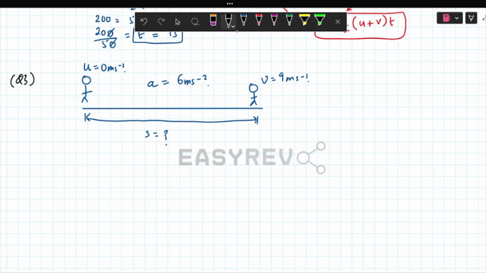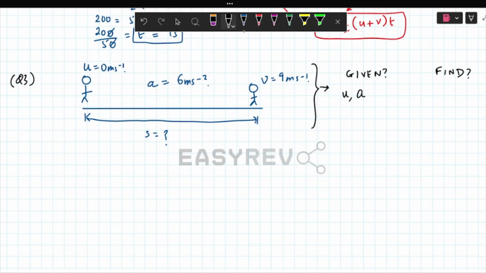Once again, we'll split up all the information we do have, which is given, and compare it with the information we wish to find. In terms of what's given, we have the initial velocity u, because we're told that Tufi starts his journey from rest, which means, in other words, that his initial velocity is 0.